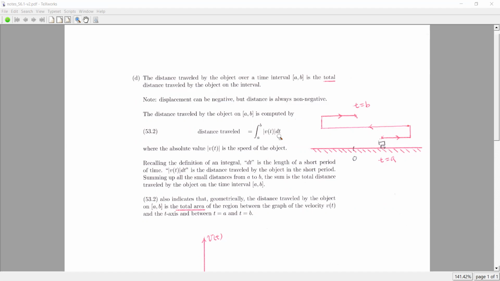Speed times dt is the distance traveled by the object in that short time period. Sum up all these small distances from A to B. Then the result is the total distance traveled by the object over this time interval.